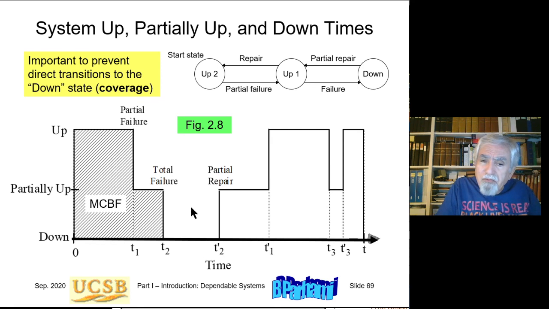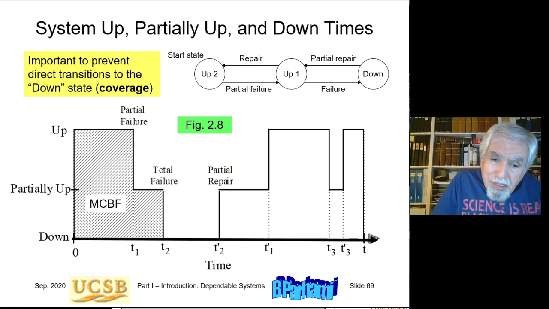So performance fluctuates, and we define something called mean computation before failure. That's how much computation the system performs before it fails. In the case of availability, we said how much time the system spends before it goes down.